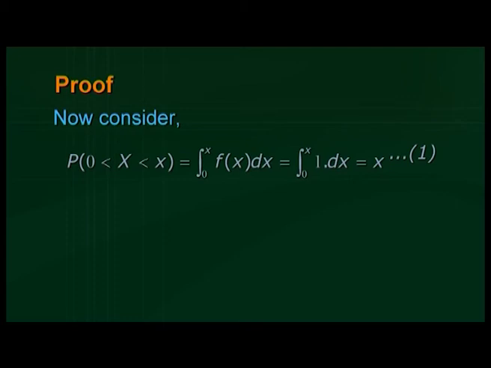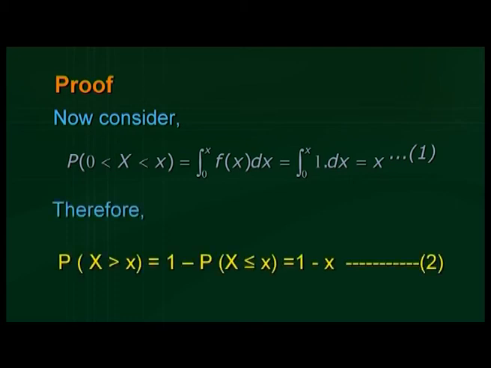Name it as 1. Therefore, probability of X > x is 1 minus probability of X ≤ x, which is 1 - x. Name it as 2.